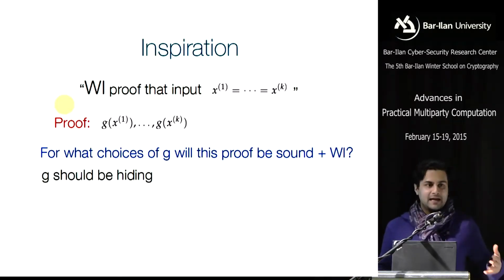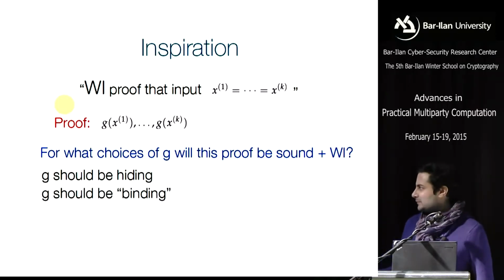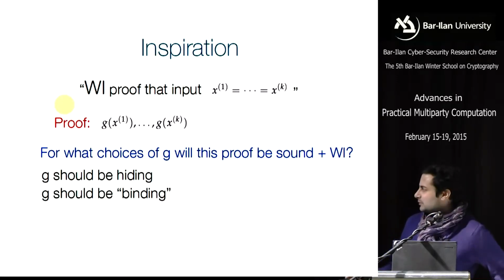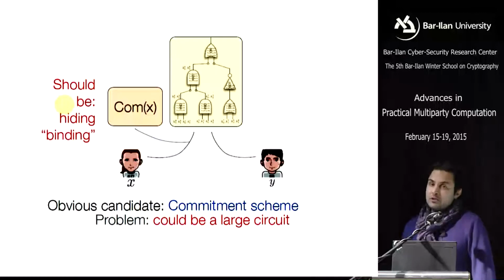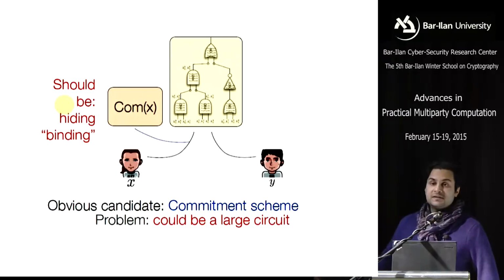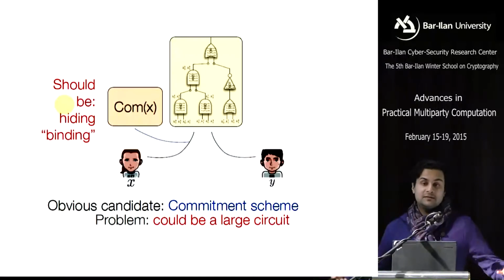It has to hide xi. And then for it to be sound, it should be binding. It should be binding in quotes, because it's not exactly the same as this other notion, but that's the intuition. g should be a hiding and binding function, so we can obviously take some commitment of x, and if we compute this commitment based on all of these inputs and all the commitments are the same, that's a good argument that x was the same.